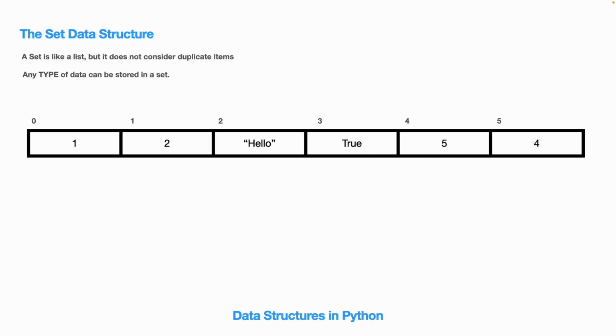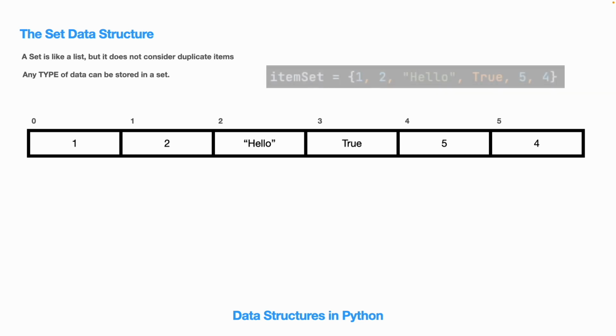Again, just like lists, you can store any type of data in a set, but what you need to remember here is that you should not store duplicate data in a set, because it really doesn't make sense. A set always stores unique values only.